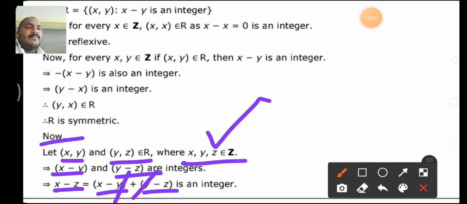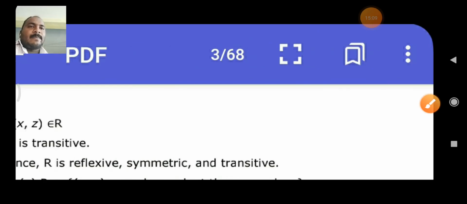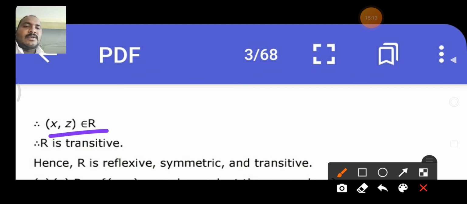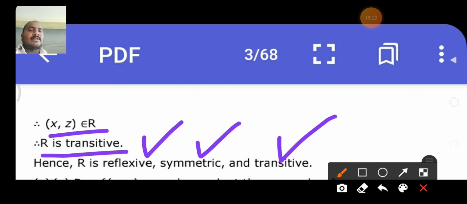It must be adjusted by using minus y and plus y. Next, (x, z) belongs to R, therefore R is transitive. Hence we conclude that R is reflexive, R is symmetric, R is transitive.